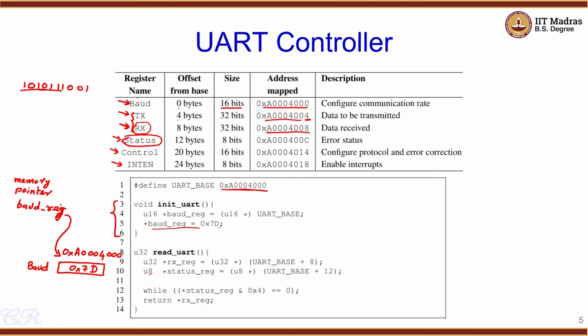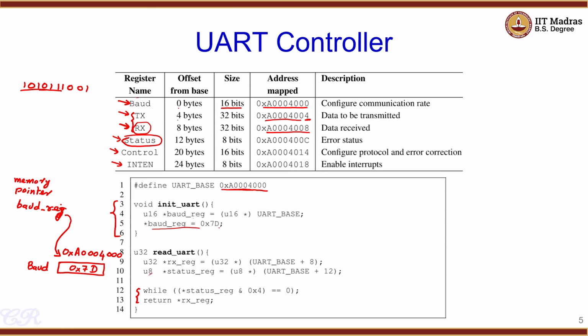In other words, status_reg has the address 0xA004000C, while rx_reg essentially has the value 0xA0040008, right?